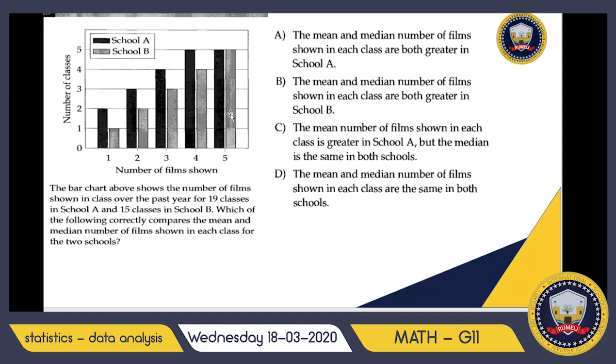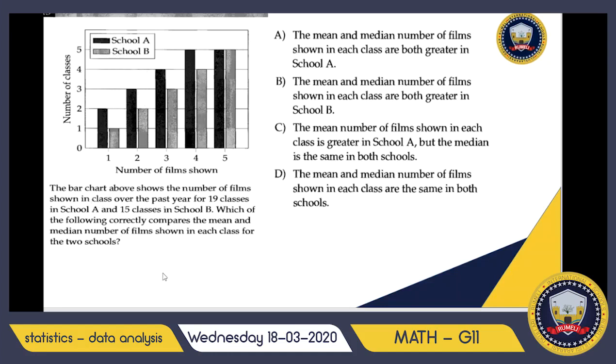Let's take, guys, another example, and this example will be homework for you, but I'm just going to explain it. In this graph we have two schools, school A in black and school B in gray.